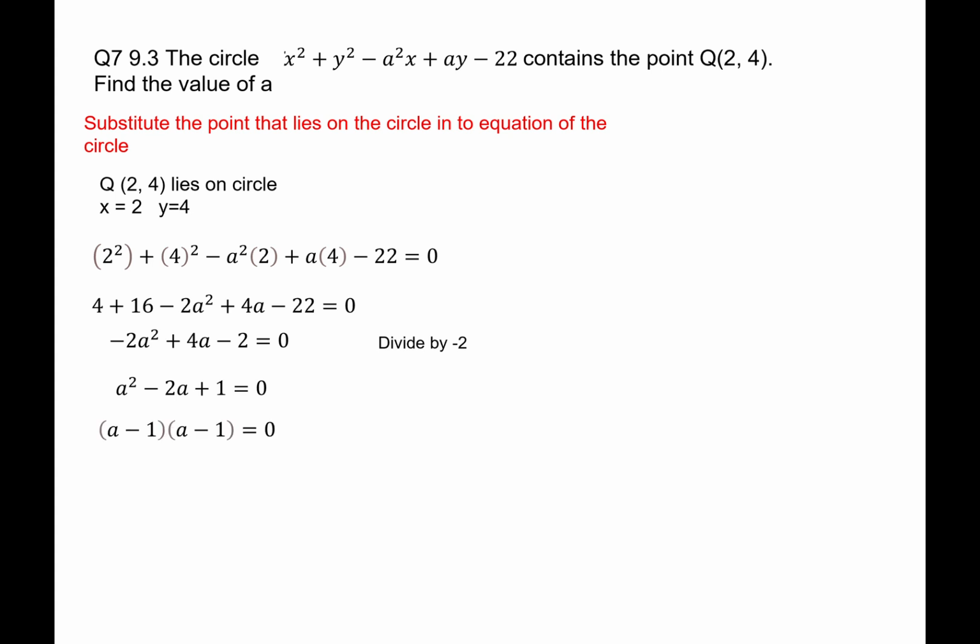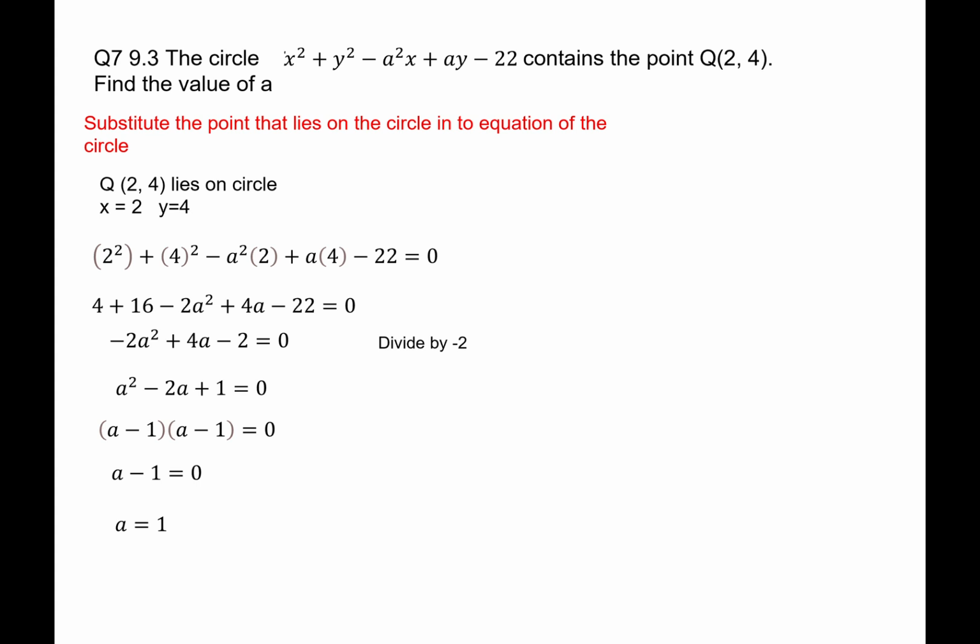And factorizing this, the factors of a squared are a and a. The factors of 1 are 1 and 1. So our factors are (a minus 1) and (a minus 1). Solving for a here, putting our bracket equal to 0 gives us a minus 1 equals 0, and solving for a gives us a is equal to 1.